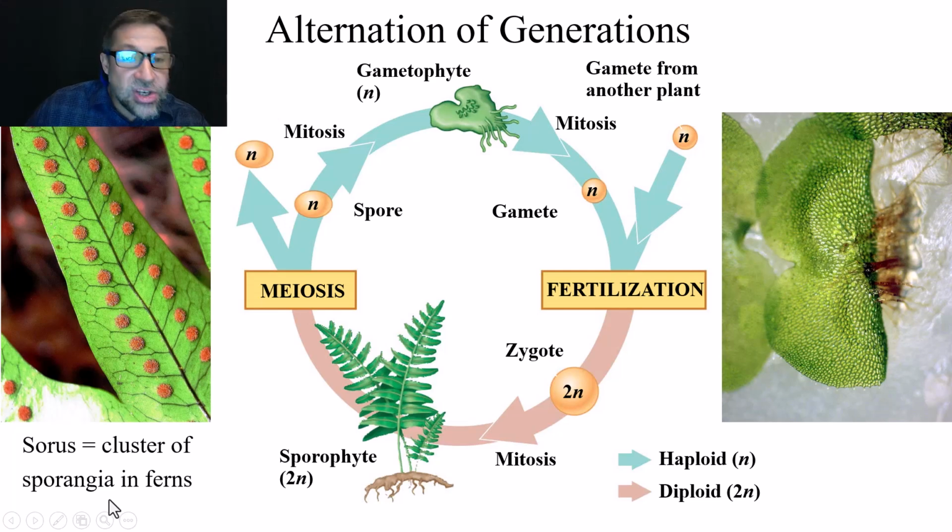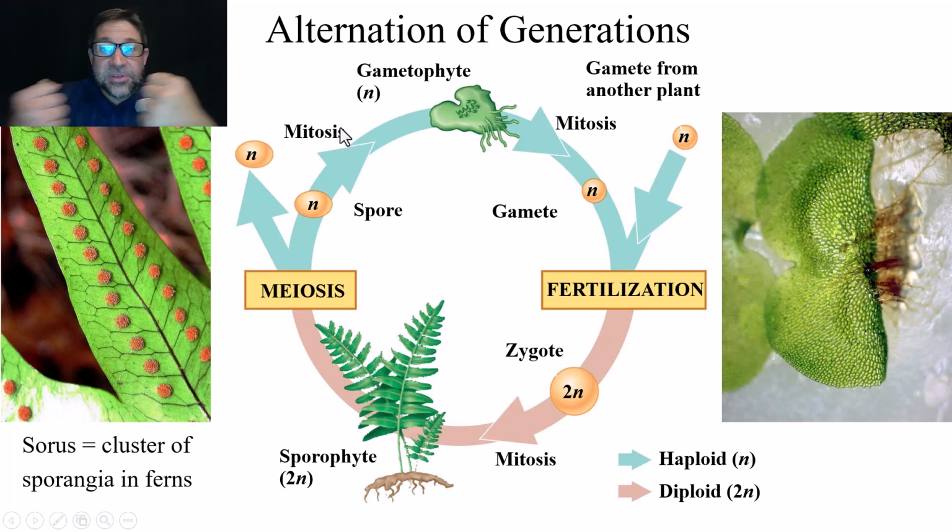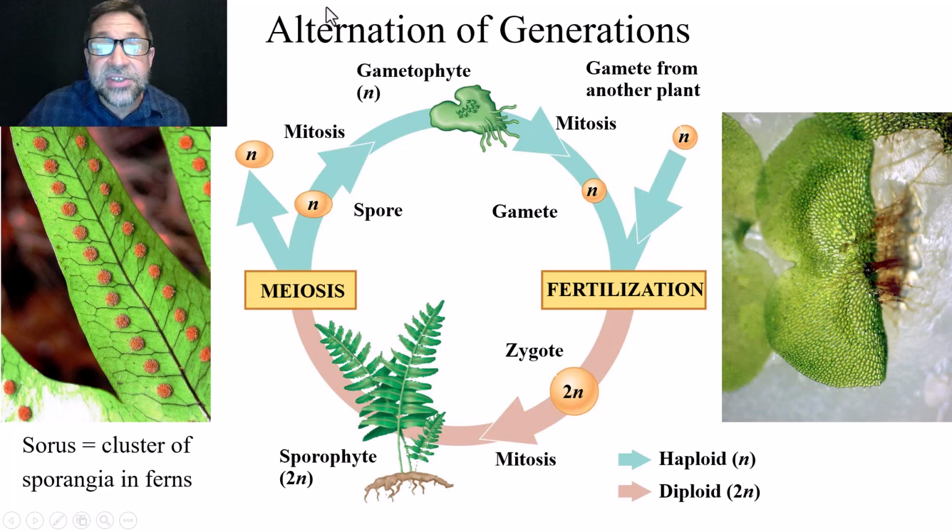The sporangia are what produce the spores through the process of meiosis. And remember, those spores then undergo mitosis, make lots of copies of themselves, and create this multicellular haploid body, the gametophyte, which is represented right there. It's small in ferns, but it's still macroscopic. You can still see it with the naked eye.